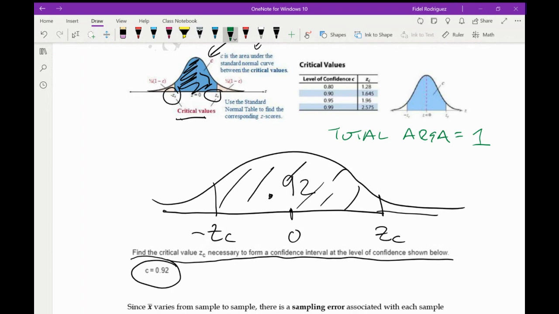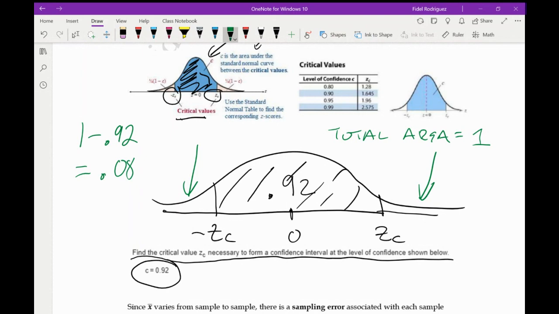If I wanted to figure out how much area I still have left here and here, I would take 1 minus 0.92, and that would give me 0.08. So I have 8% left to be divided amongst those two parts.